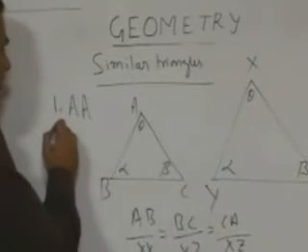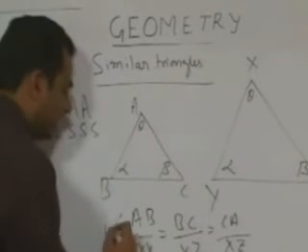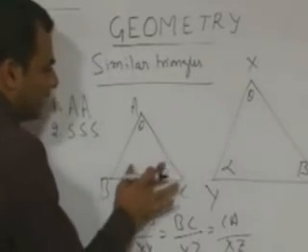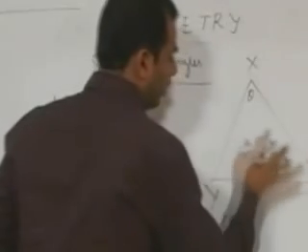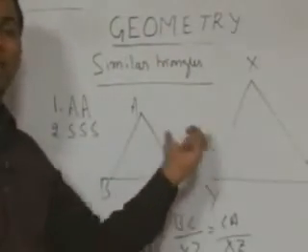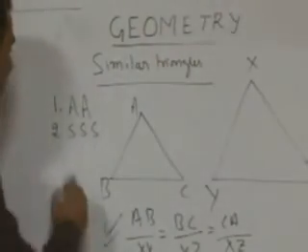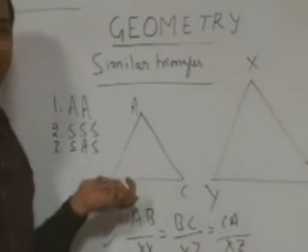The second theorem is SSS, which is only this condition. For example, no detail has been given regarding the angles. So even if the ratio of the corresponding sides are equal, we can say that the two triangles are similar. And the last thing, that is SAS, which is side angle side.